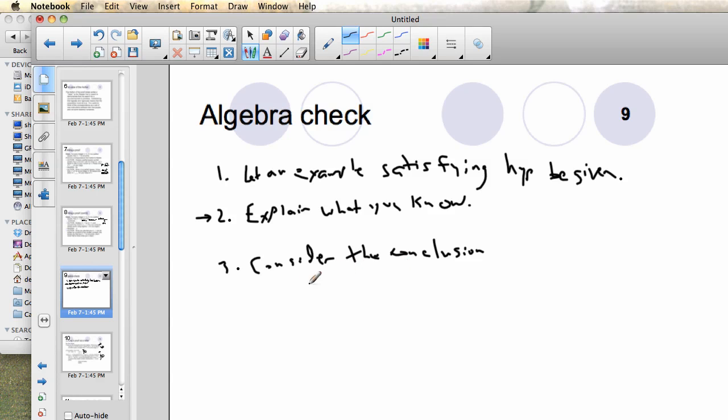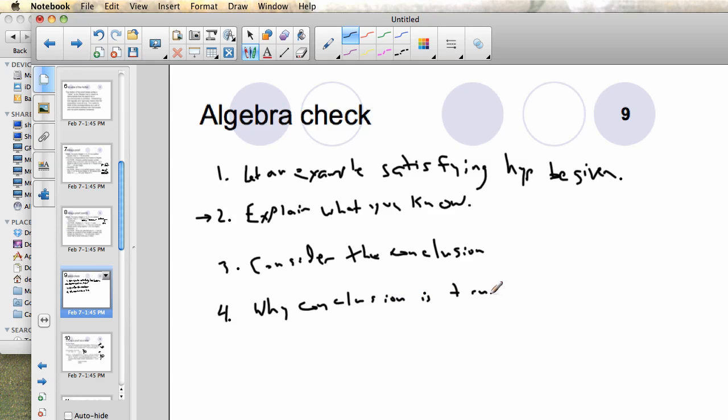So I was thinking of what do I know about n minus 1 relative to it being a product of two numbers. And then step 4 is really just explaining why what I did in step 3 shows the conclusion is true.